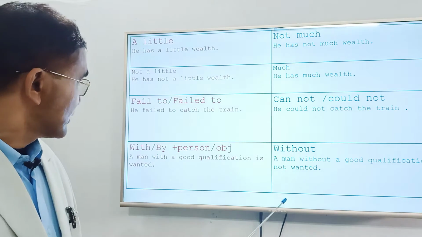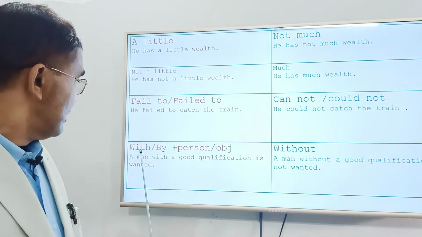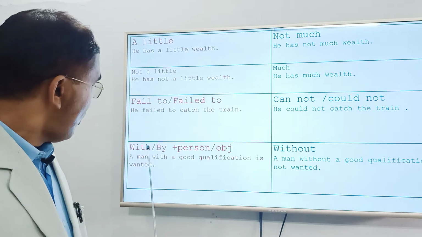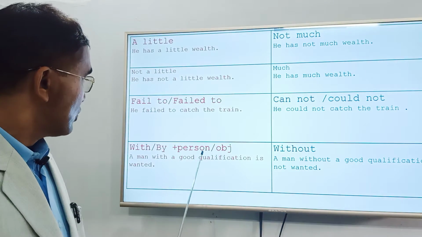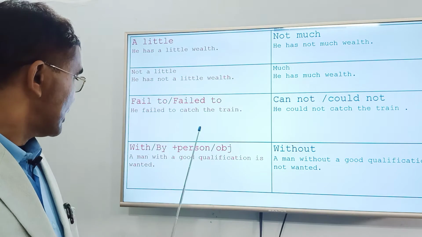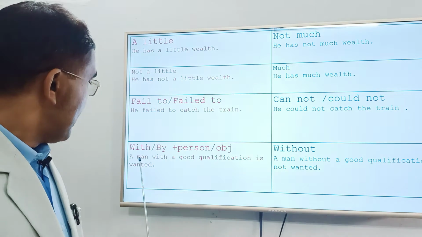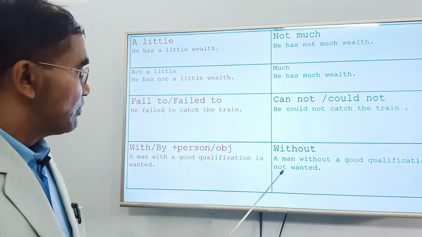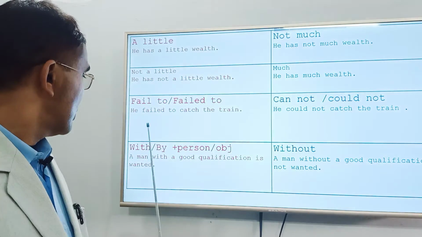Okay? And if you get any affirmative sentence with "with" or "by" plus person or object, for example, a man with a good qualification is wanted, in negative form we will use "without" instead of "with".